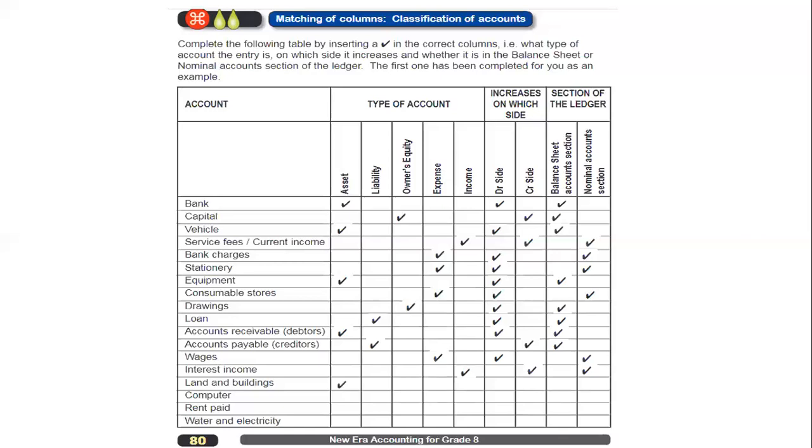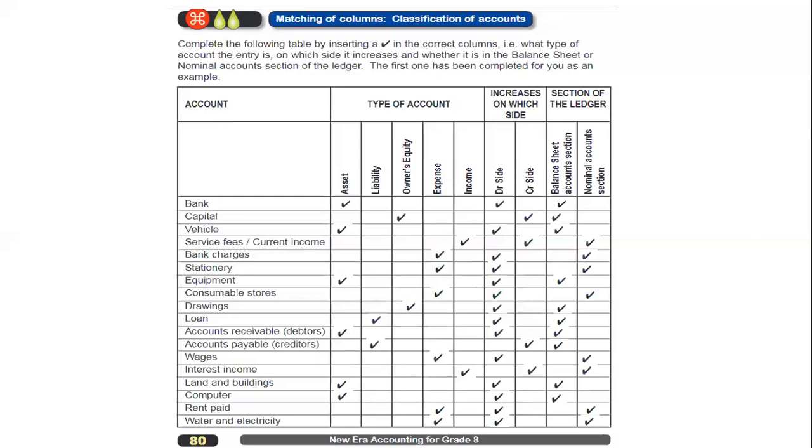They increase when they receive on the debit side, and you find them in the balance sheet accounts. Computers, it's an asset, increases on the debit side, and you find them under the balance sheet account section. And rent paid is an expense, and it increases on the debit side, and you find it under nominal accounts. And water and electricity, these are expenses. They increase when they receive on the debit side, and you find them under nominal accounts.